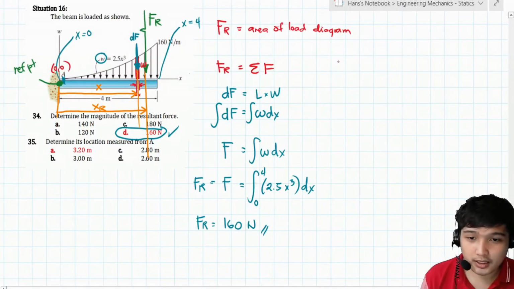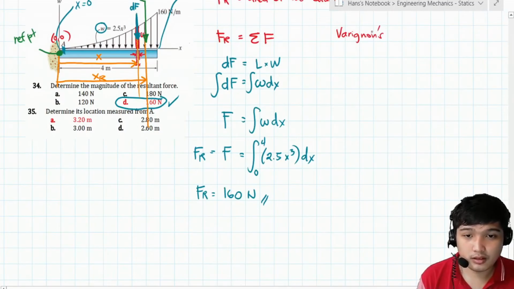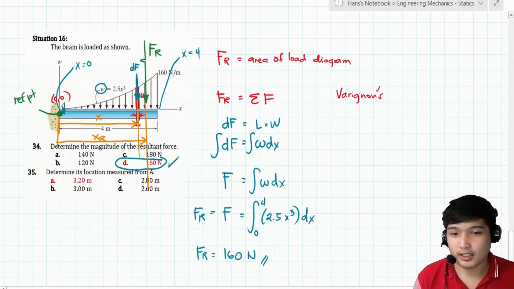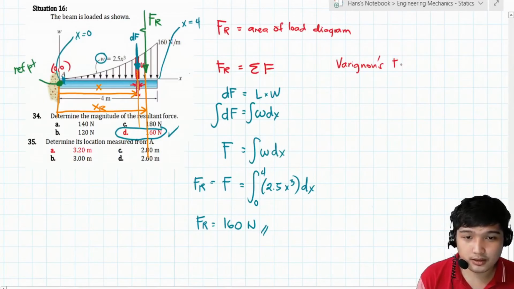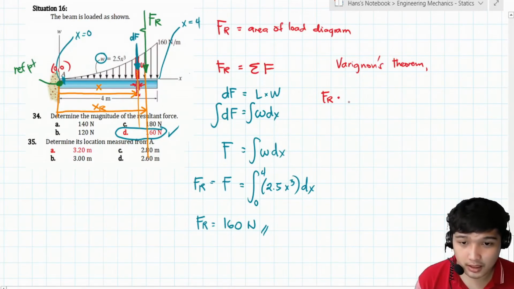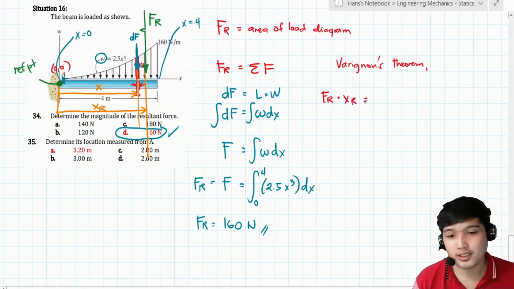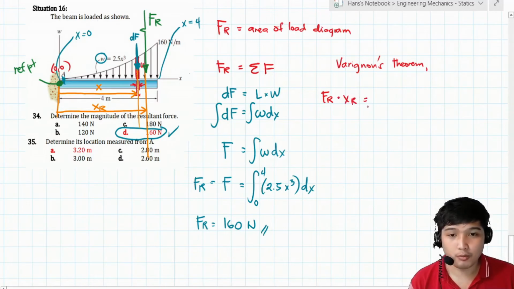Okay? Susulat natin, by Varignon's. Okay, so ayan, Varignon's theorem. So, moment ng total force, FR times XR ay equal sa pinagsama-samang moment ng mga component.